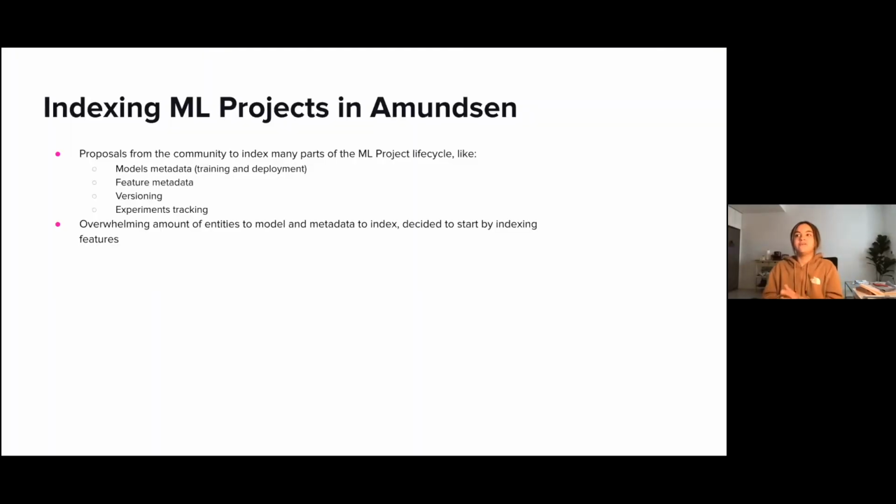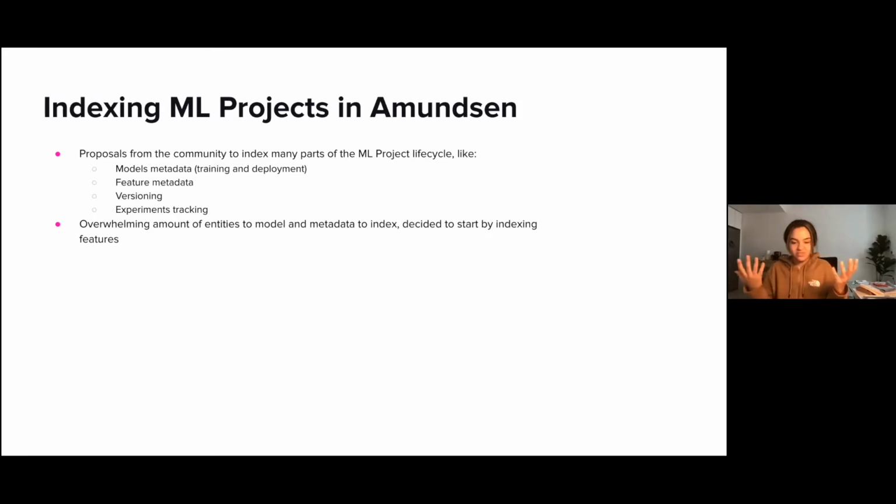So background. We have seen over time many proposals from the community, a couple RFCs as well, talking about indexing different parts of the ML project lifecycle, like models and metadata for models, training and deployment of models, versioning of models, feature metadata, and experiments and tracking experiments.